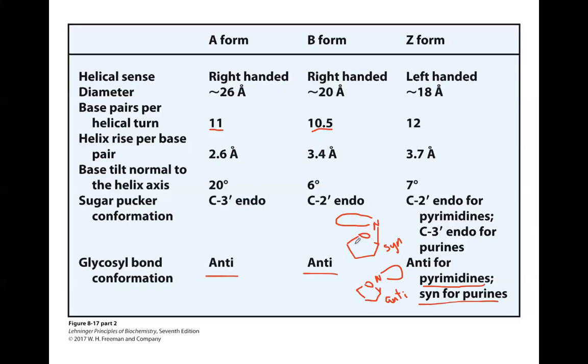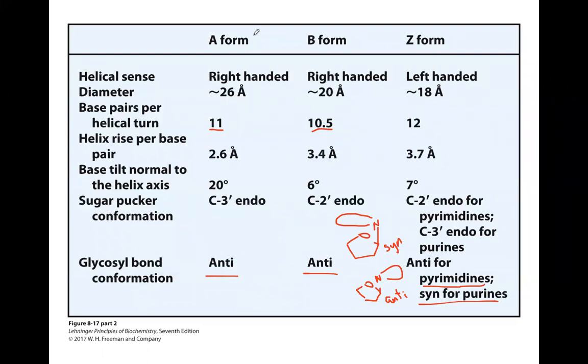So as far as the physiological significance of each of these forms, that's not clear. In fact, it's still highly debatable whether the A form actually exists under physiological conditions, or perhaps it's just an artifact. When you isolate DNA from the cell and you start working with it, it undergoes some dehydration, and then you get the A form.